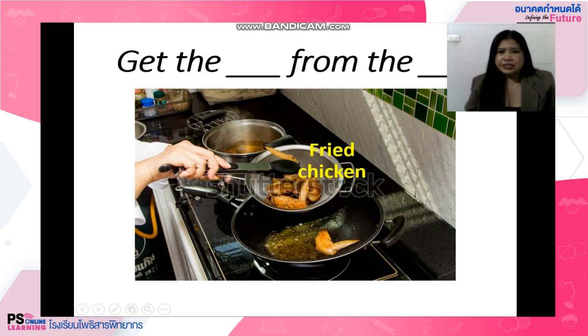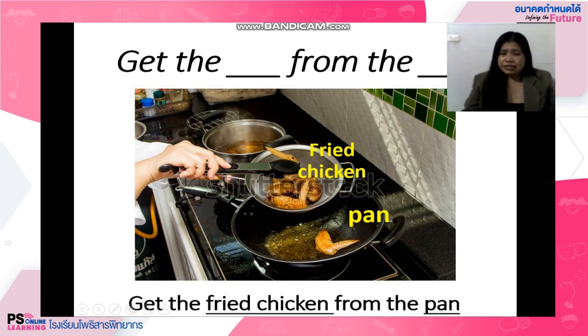So example. Okay, so look at this. This is fried chicken. And of course, where you cooked it is on a pan, right? So you say, get the fried chicken from the pan.